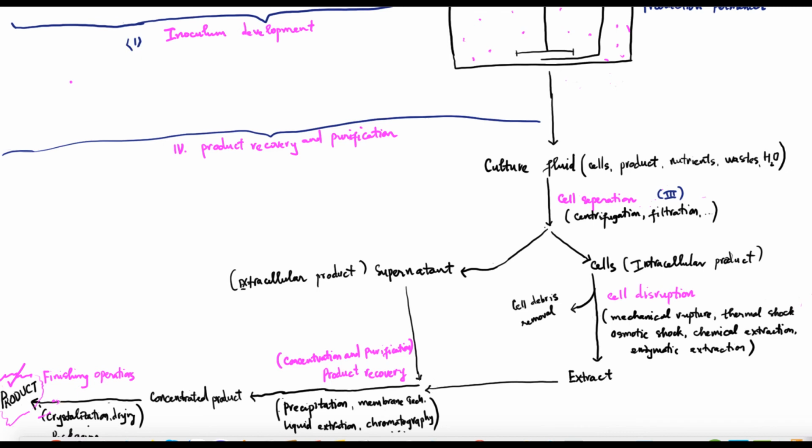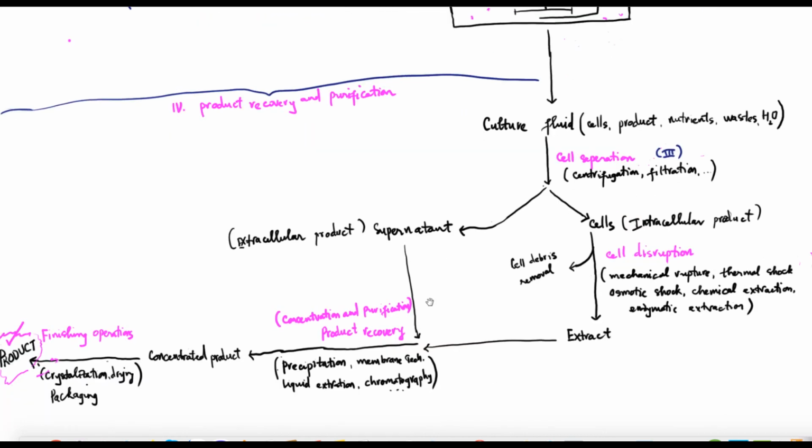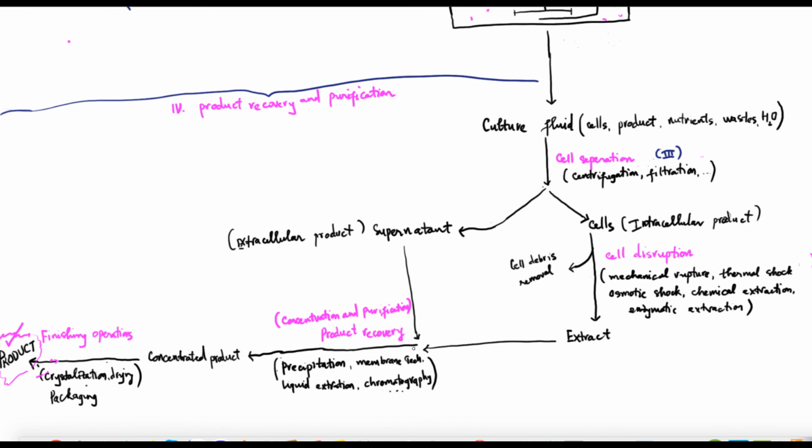So, the next step, after the cell disruption if needed, depending on the physical and chemical properties of the product, for example the size of it, the polarity, and the charge or something like that, the product will be recovered and concentrated by using precipitation, membrane techniques, liquid extraction, or some chromatography methods.